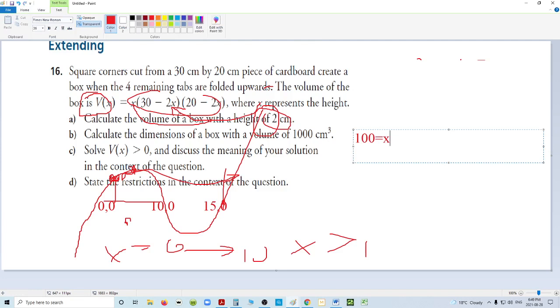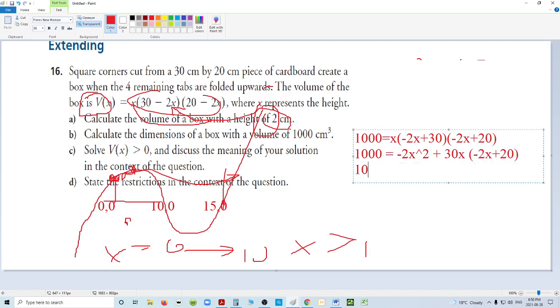1,000 is equal to x times, and I like to do it in order here. They've kind of cheated. You should actually expand this to solve it. And actually, that's a good point. You would expand it first, and you would get this minus 2x squared plus 30x, and then you would multiply that by minus 2x plus 20, because that's the only way you're going to get the 1,000 to the other side.